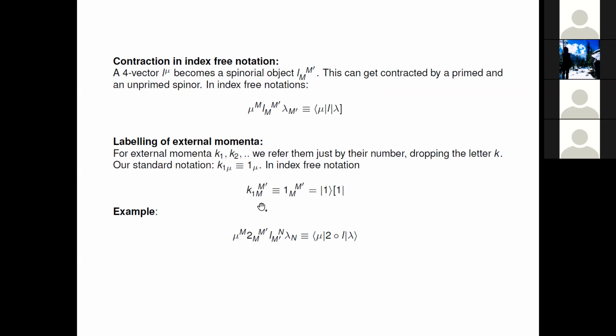In the two-spinor notation, this is represented by 1_{mm'}, which is an angle-bracket spinor and a square-bracket spinor. For example, this whole bunch of contraction is given by this form, where there is a circle in between, and this represents the contraction between the mixed spinors.